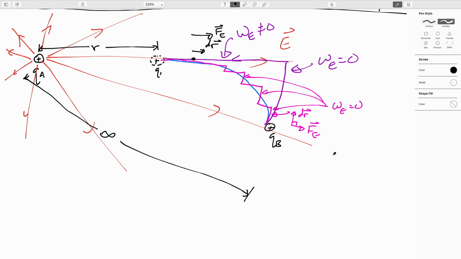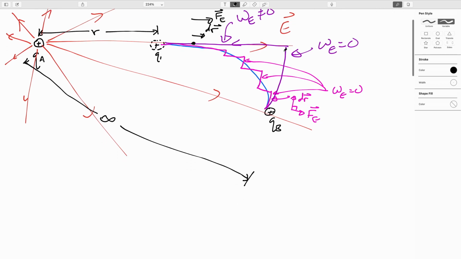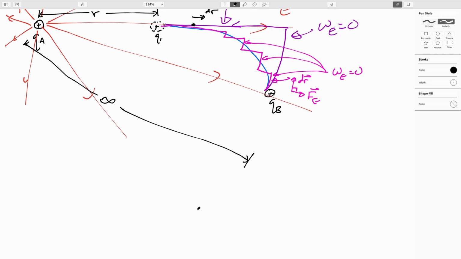So the dot product will be positive. So along any differential of motion along this path, we'll say the differential work done by the electric force will be the electric field dotted with dr. Now I know that I pointed dr out. When we put in the limits, it will automatically take care of us pushing it inward.